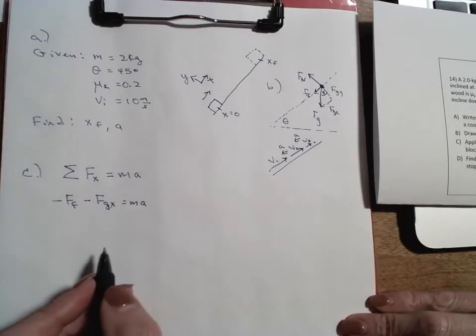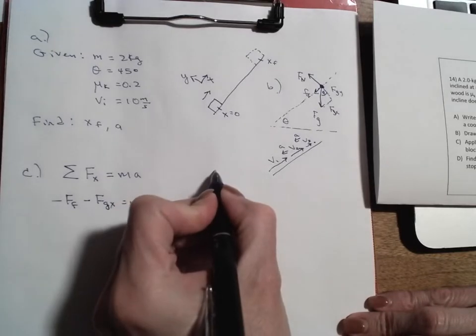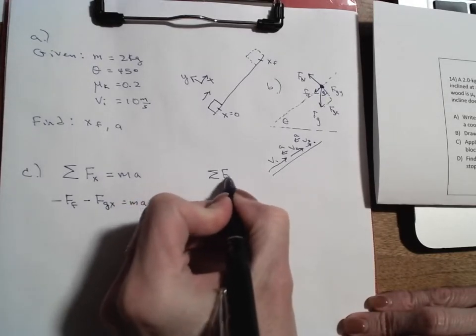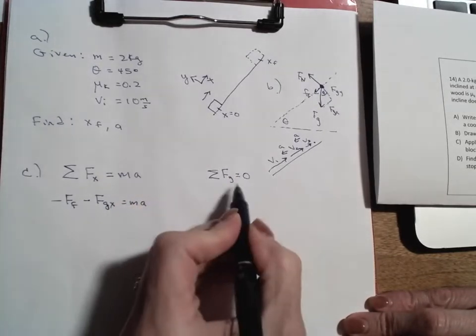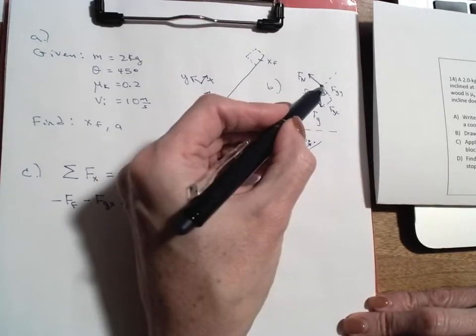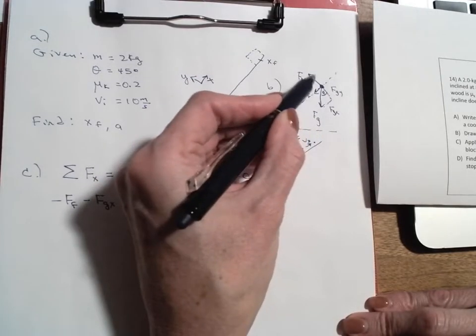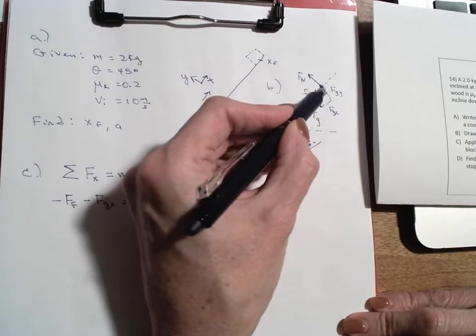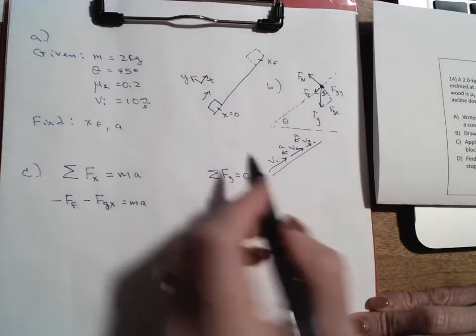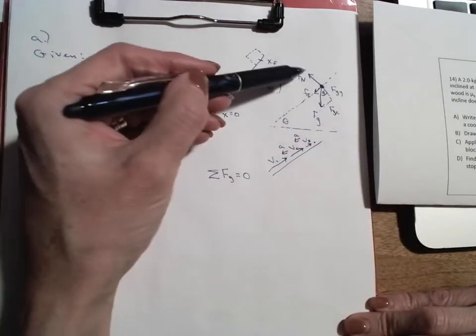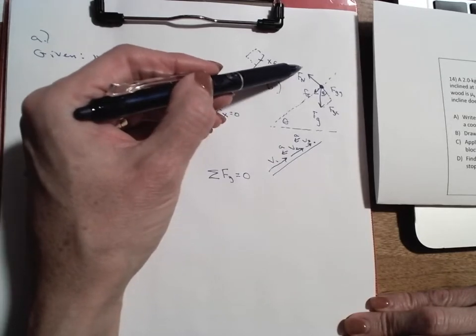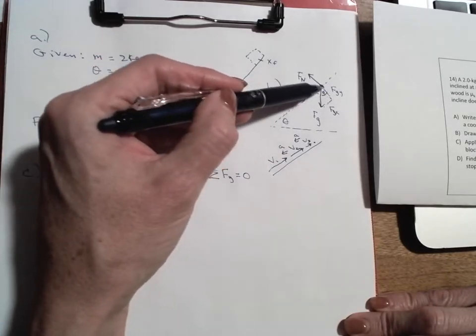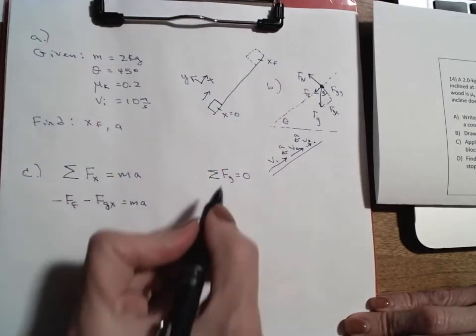Now I want to do my sum of the forces in the y direction equals 0, and it's equal to 0 here because my object is not moving away from or perpendicular to the surface. It's staying right here, so it's not moving in the y direction. My forces in the y direction: I have the force of the normal in the positive y direction, and the component of the force of gravity in the negative y direction.